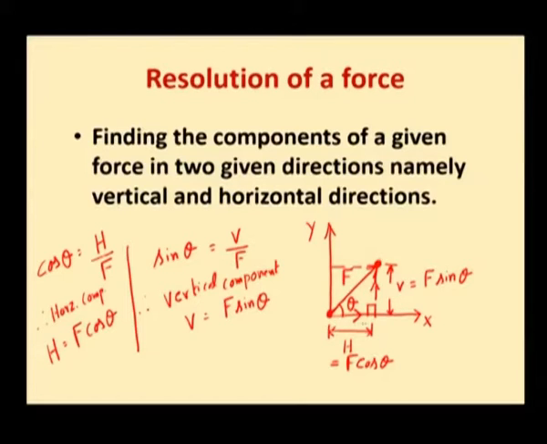So, the direction of horizontal component will be on the positive x direction and the direction of vertical component will be on the positive y direction, that is in the upward direction. So, now we have found out the magnitude of vertical component along with its direction as well as the magnitude of horizontal component along with its direction.